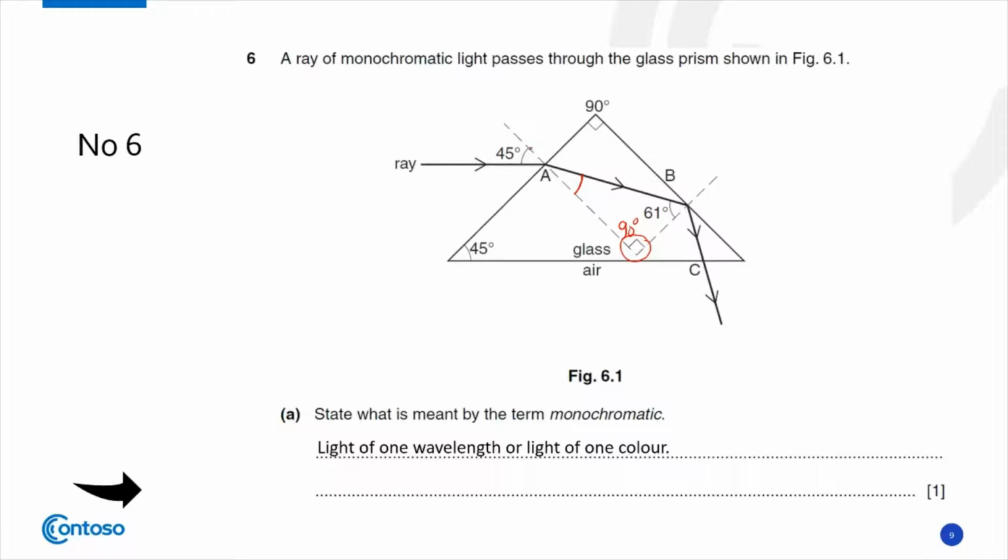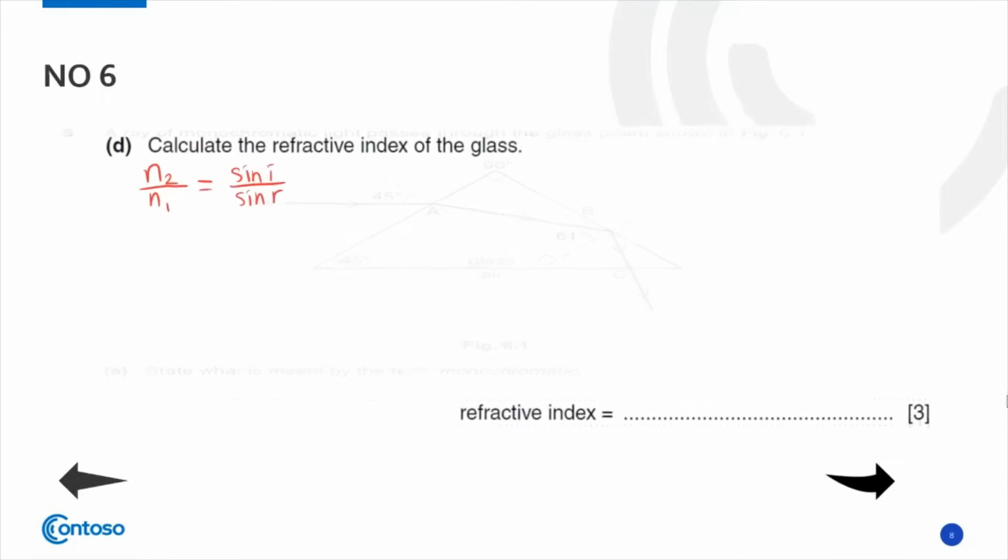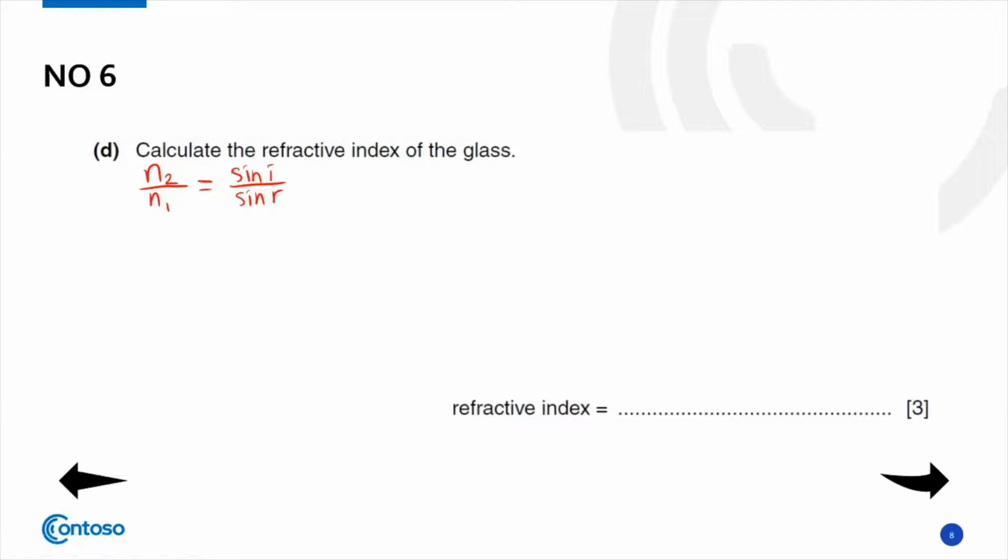This is the angle of incidence. So the angle of incidence is 45 degrees. And this is the angle of refraction. From the previous calculation, we know that the angle of refraction equals 29 degrees. Now, let's put the values of the quantities into our equation. N2 is the refractive index of the glass prism, which is unknown.